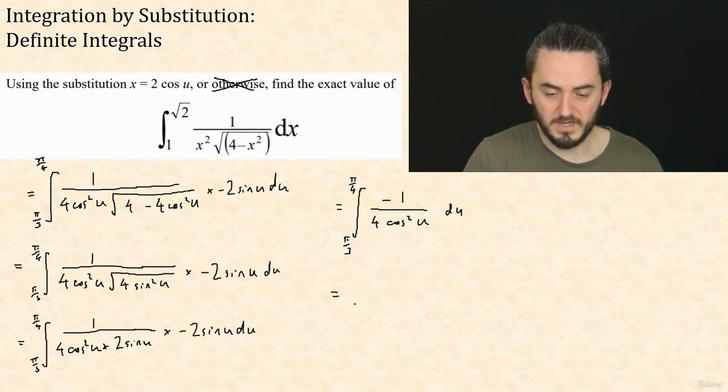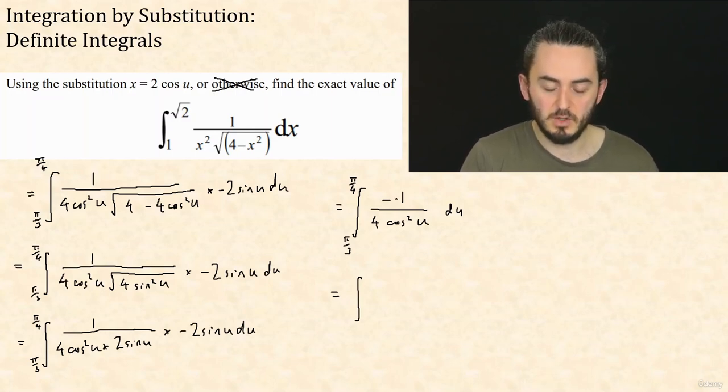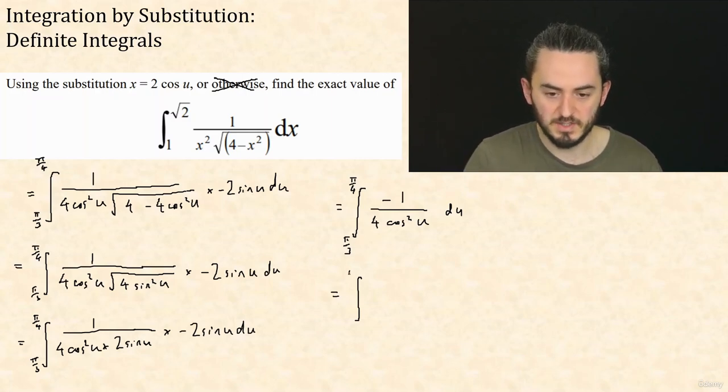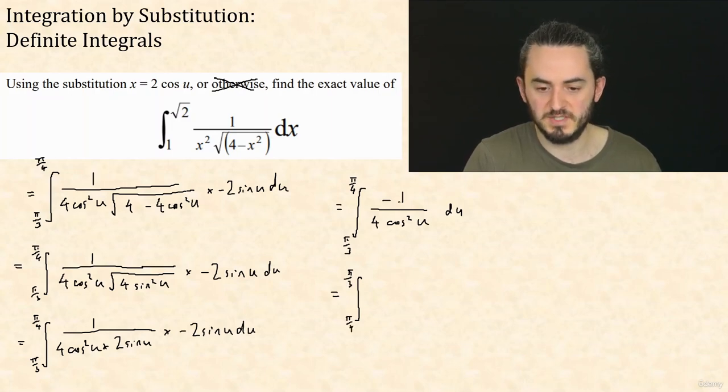And what is that? Well, that is... Okay, I'm going to do something useful here. If you've got a negative here, you can actually just flip the limits. And the reason for that is we were going to do whatever we get when we sub in pi over 4 minus what we get when we sub in pi over 3. So just multiplying by minus 1 flips those round. So I'm going to change these round. So I've got the bigger one up here, pi over 3 and pi over 4, and my negative will just disappear.